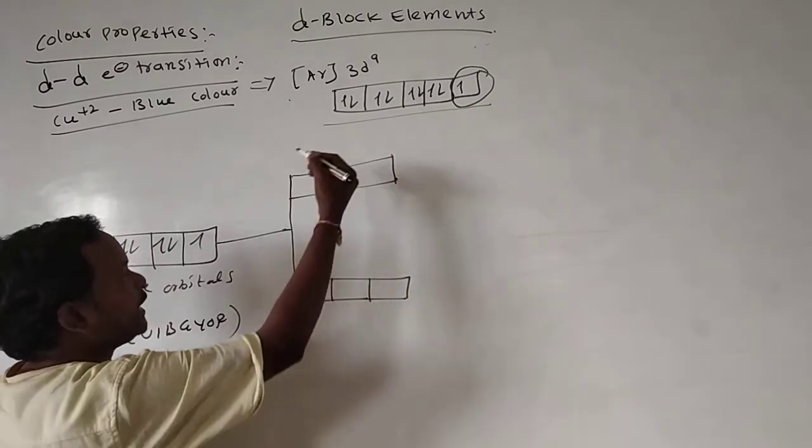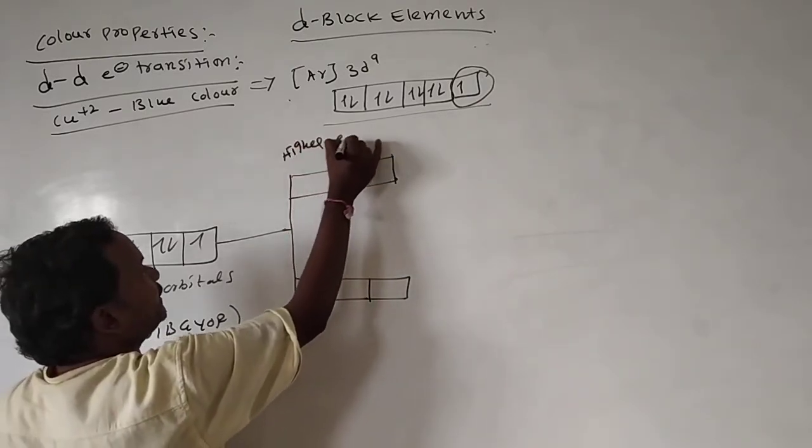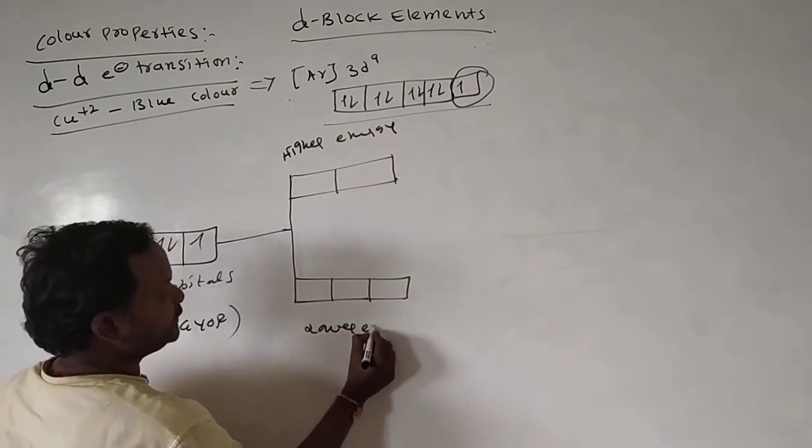One is higher energy orbitals and the other is lower energy orbitals.